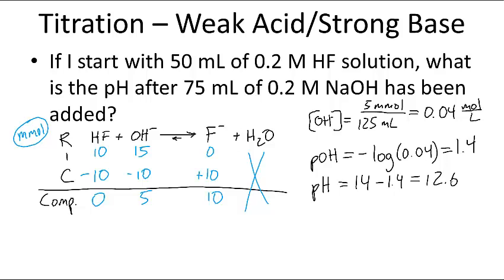Okay, so we do the same calculation. We find now the pH has risen to 12.6. So it started to level off again. Any idea why it's leveling off at this point?